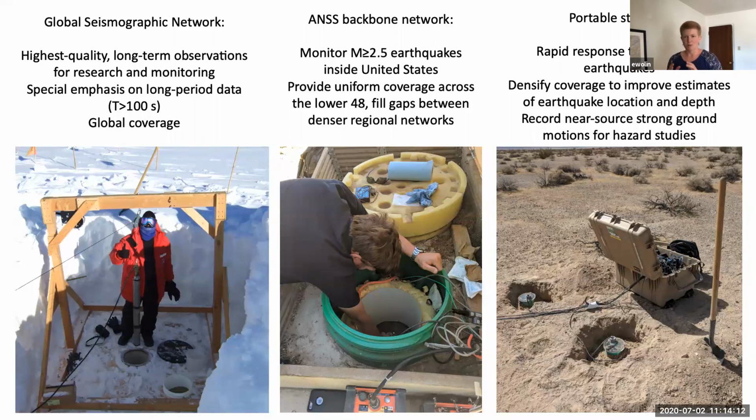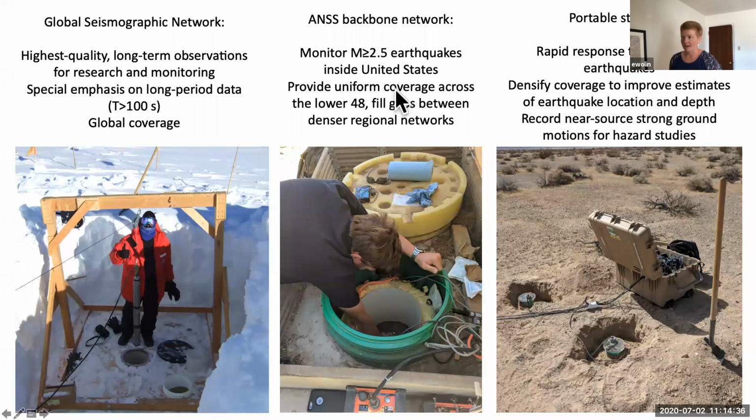The specialty of the GSN is producing really high quality, long period data. If you're looking at signals at periods above 100 seconds, the care that is taken in selecting instrumentation and installing it in the GSN will make sure that you have the highest quality data.